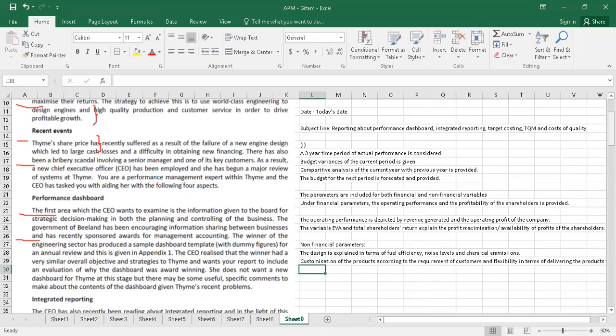Now, these things will indicate that they are looking at whether the customers are satisfied or not.